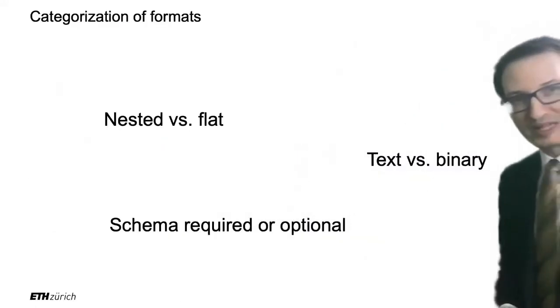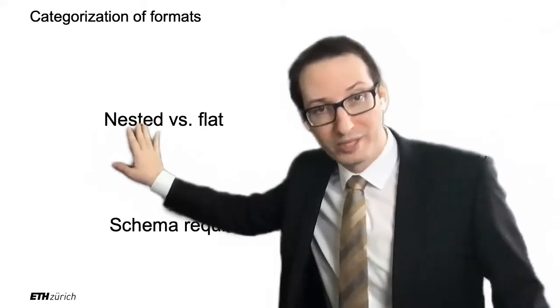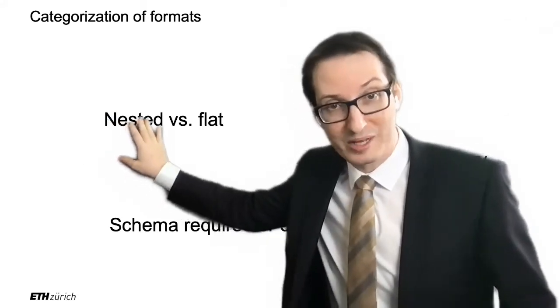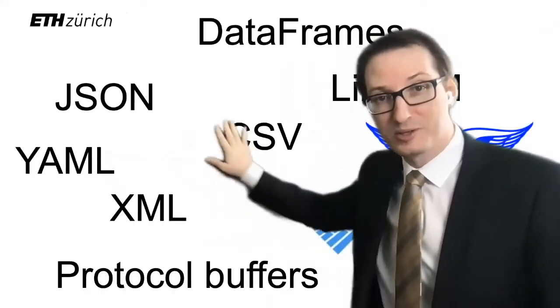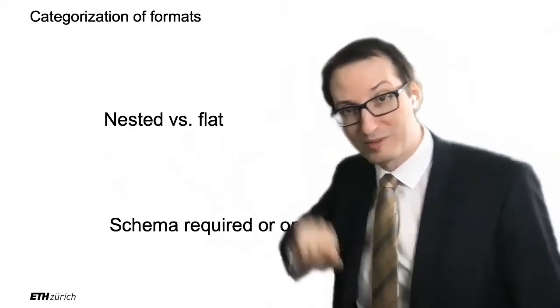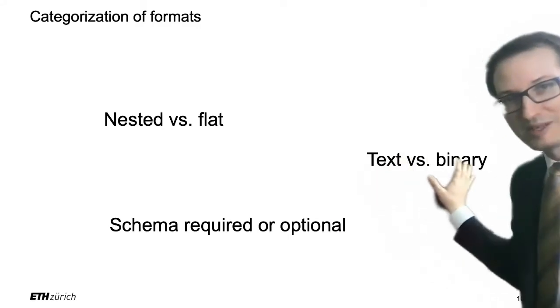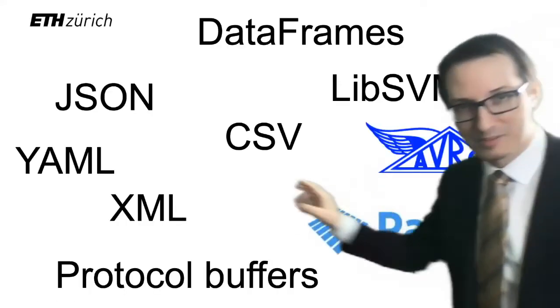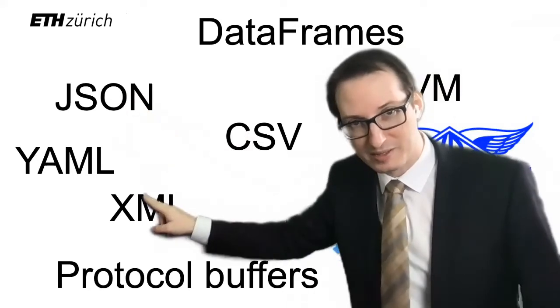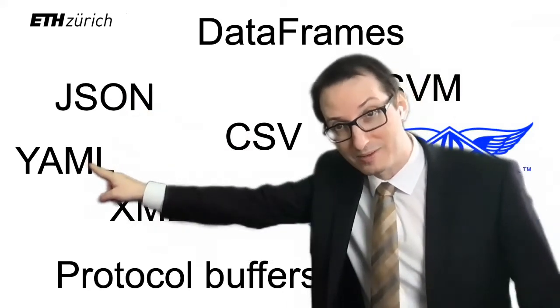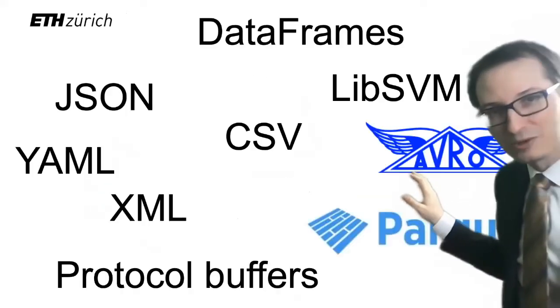So how are the formats categorized? Some of them allow you to nest: JSON and XML, Parquet, for example. Some of them must be flat. CSV is an example that cannot nest. CSV must be flat. Another thing that is distinguishing them is there are text formats and binary formats. Text formats: CSV is text, JSON is text, XML is text, YAML is text, right? And there are binary formats.